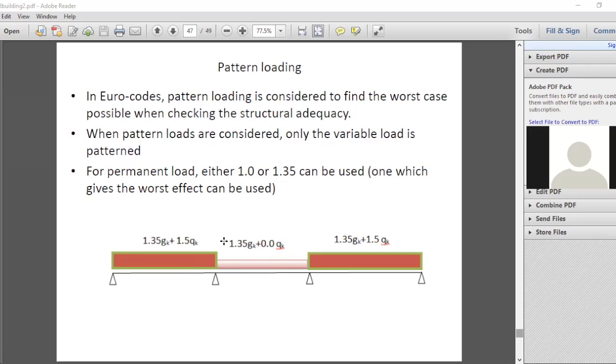You have minimum load on this span, maximum load on this span. So basically, if you are having the maximum dead load here, 1.35 GK, and if you want to get the maximum out of balance moment, don't have any load on this slab.